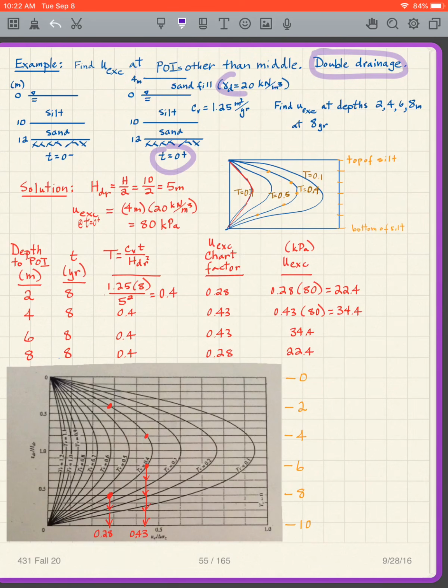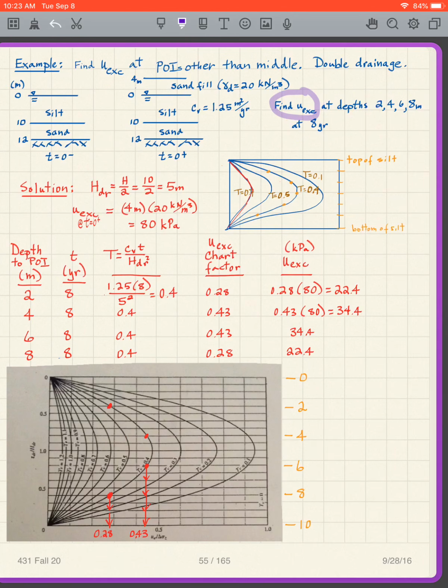Gamma d for the sand fill is 20 kilonewtons per cubic meter, and C sub v for that silt is 1.25 square meters per year. My goal here is to find UXS at depths 2, 4, 6, and 8 meters at 8 years.